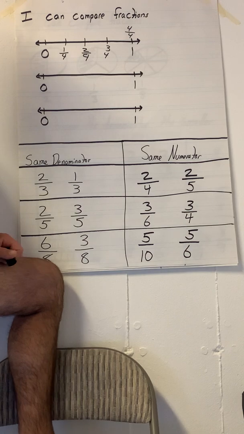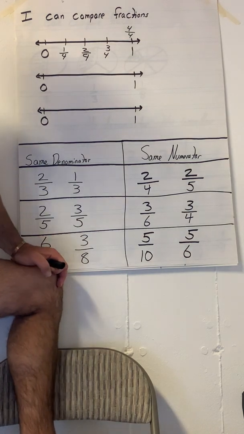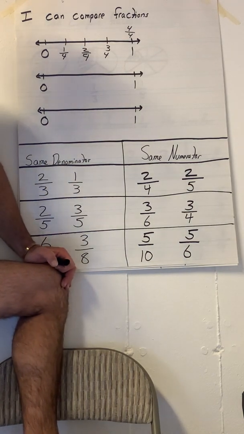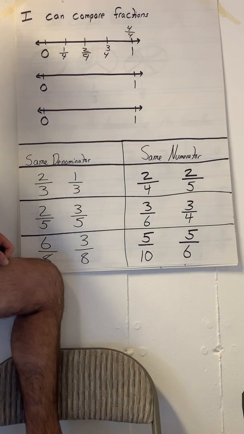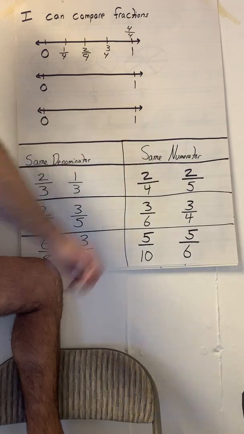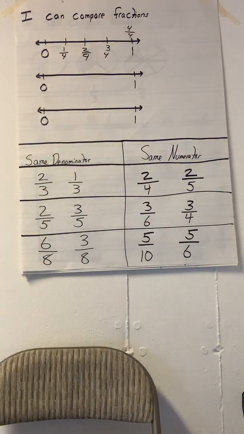So they're going to ask you a question today, and they're going to say, which of these fractions are closer to 0 and which of these fractions are closer to 1? What you have to think about is what is halfway.